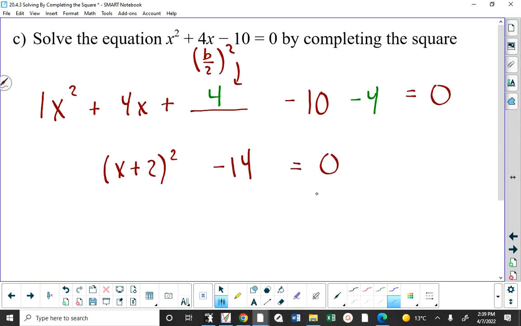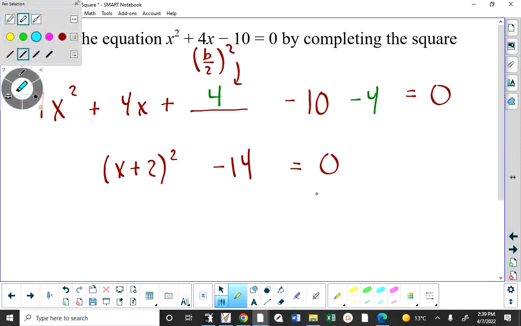Good. The thing is, we can rearrange this for x. There are 3 numbers, everyone, that we need to get away from the x. We need to get rid of this 2, don't we? We want x by itself. We need to get rid of this 2. We need to get rid of this negative 14.